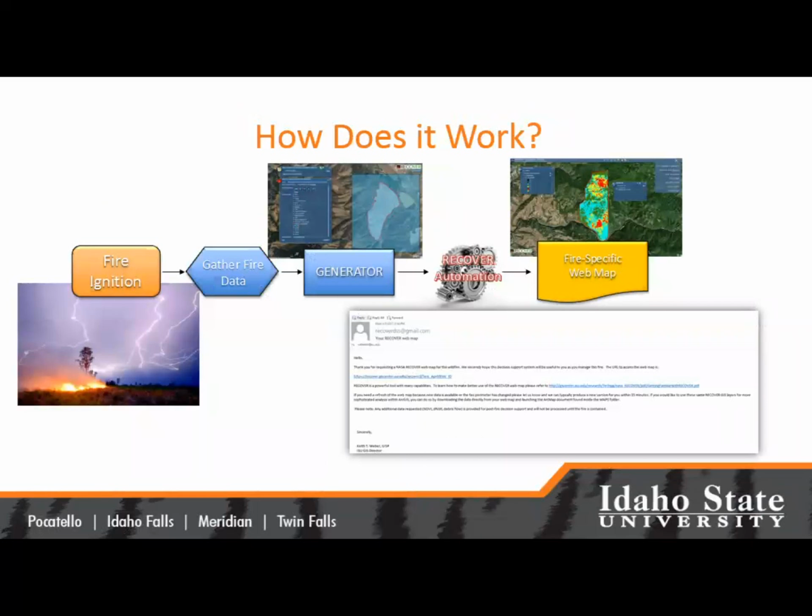Now, how does Recover work? Well, of course, you'll have fire ignition. Something happens out there on the landscape, and throughout the West, most of the West, excluding California, we have lightning as the culprit, the cause of a lot of those fire ignitions. And of course, not every fire that starts is even suppressed. I understand that. We all understand that.